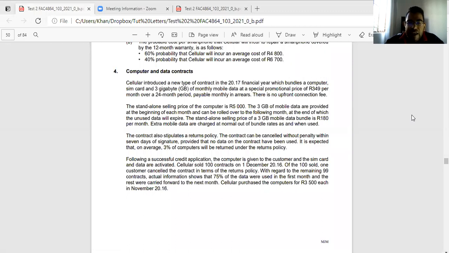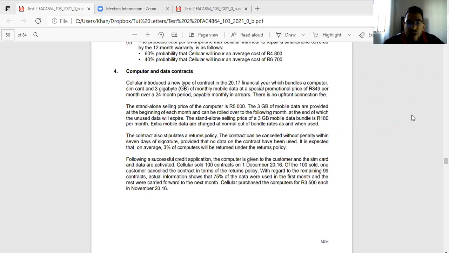With regard to the remaining 99 contracts, actual information shows that 75% of the data were used in the first month. So therefore, you can only recognize 75% of the data in December as revenue. The other 25% will have to be recognized as income received in advance, effectively. And the rest were carried forward to the next month.